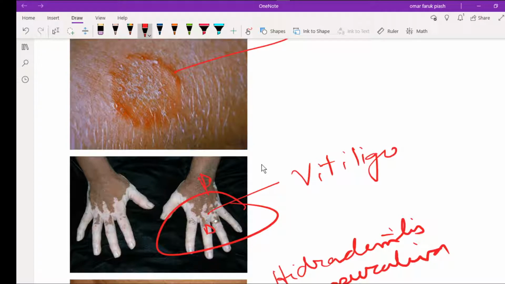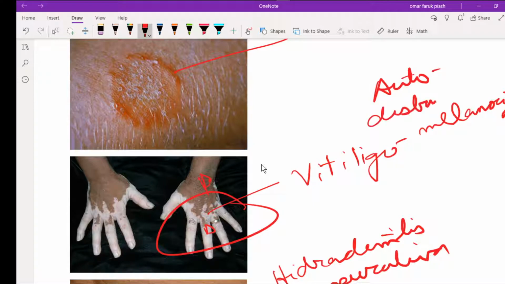Suppose this person is of dark complexion, so this is the pigmented area and this is the depigmented area. It is a localized loss of skin pigmentation due to autoimmune destruction of the melanocytes.